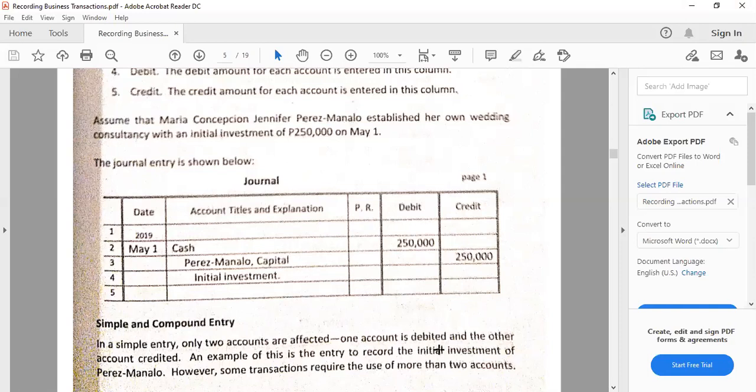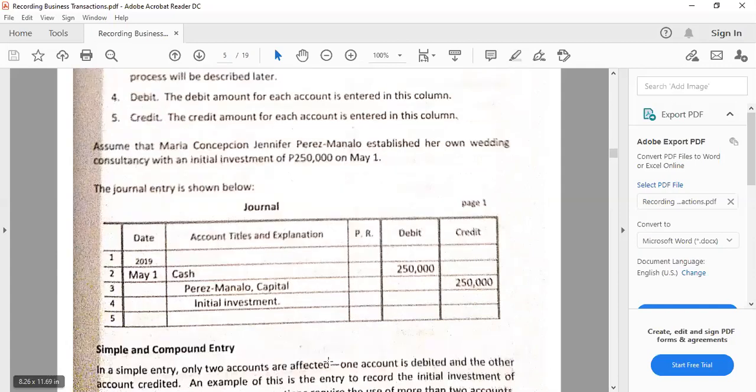But just in case, let's say we are really saving, and this is already the next month, we have to repeat the month June and then 1, for example. Otherwise, if we do not put the month, that means it is still May, which is not the case. We would also be confused because we already ended May, let's say May 30, and then the next is 1, and that is still May, meaning we did not arrange the transactions in chronological order, which should not be the case. So I hope that is clear for the date.